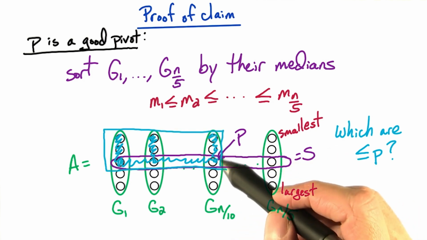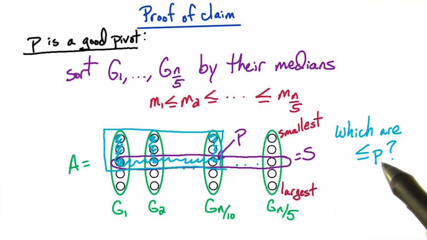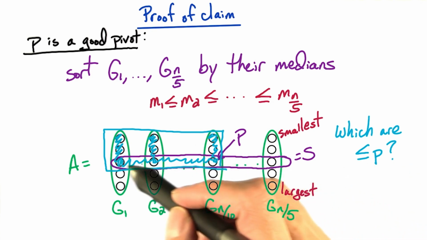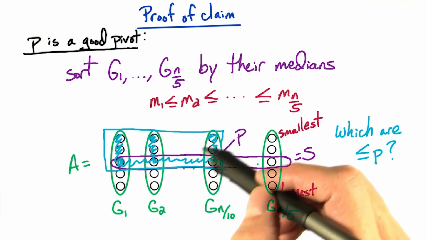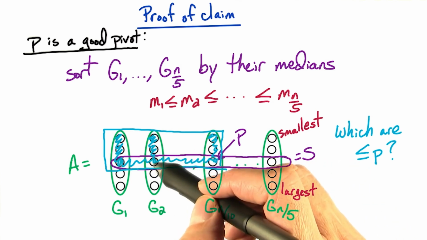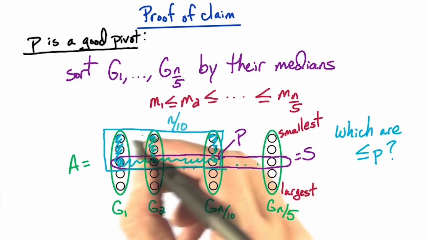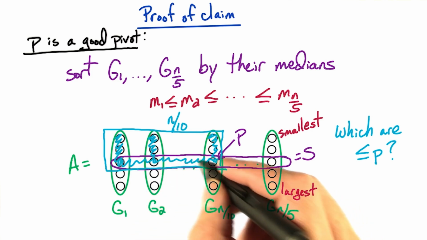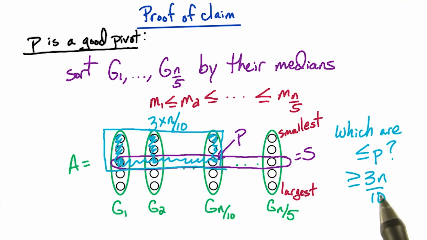All of these elements in this box are guaranteed to be at most the pivot P, because their medians are at most this pivot P, and these elements are at most their median. How many elements are in this box? Well, there are n over 10 groups, and in each group I have 3 elements. So there are at least 3n over 10 elements which are guaranteed to be at most P.